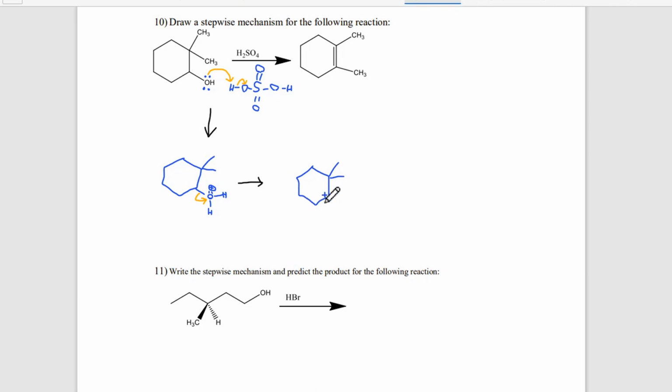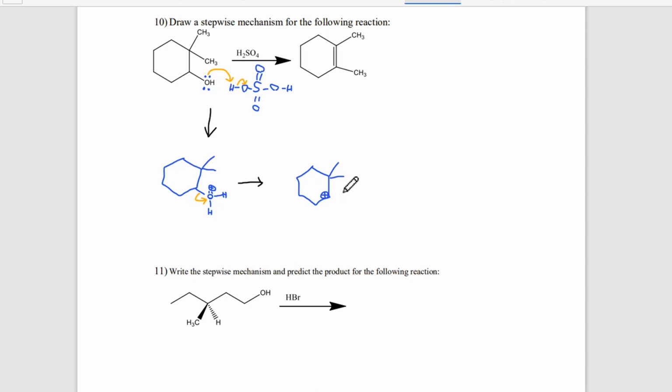So now at this point, what should I be looking for? Anytime there's carbocation formation, what should I be looking for? Potential nucleophilic attack, but do we have any good nucleophiles? No. But even before nucleophilic attack, what should I be looking for?